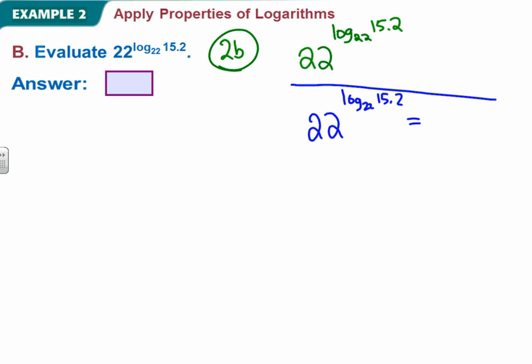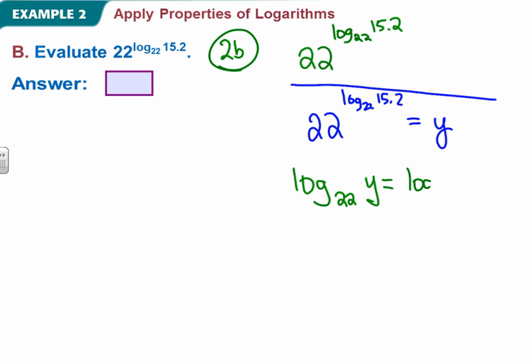So let's just say that's equal to y. So my base is 22, my exponent is that log base 22 of 15.2, and my answer is y. Let's write it in logarithmic form, because do you agree this is exponential form? Logarithmic form, log base, what's the base? Say it. 22 of the answer, y, equals, what's the exponent? That whole thing, correct?